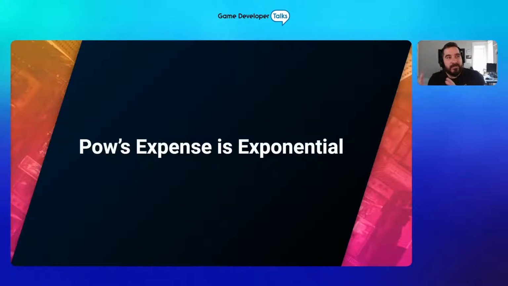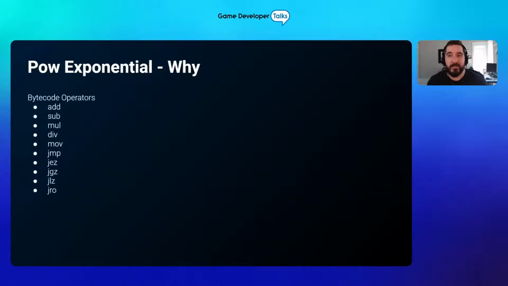But speaking of things that happen in bytecode and how our brains do with math, another sort of common understanding is that the cost of a POW operation, raising x to the y power, rises exponentially based on the exponent of the operation. And this sort of makes sense, right? Because if you're given a limited series of bytecode operations, then it stands to reason that to raise a value to a power, you would need to multiply it that many times.